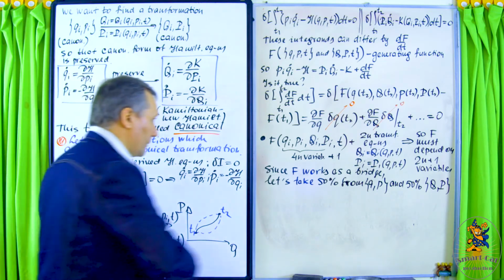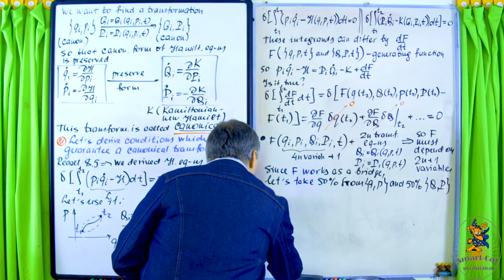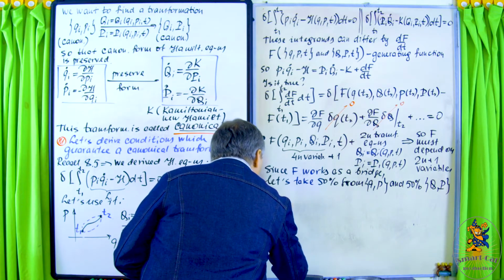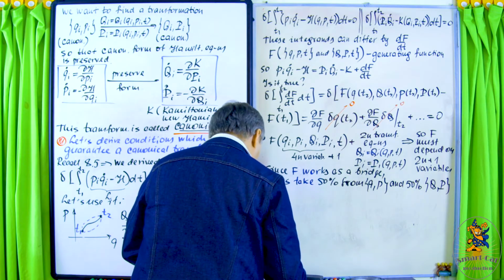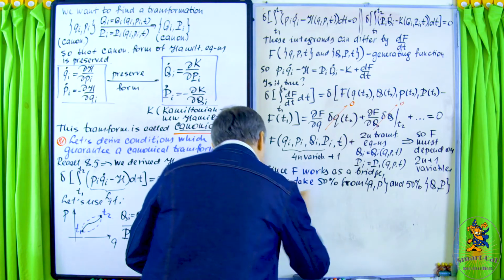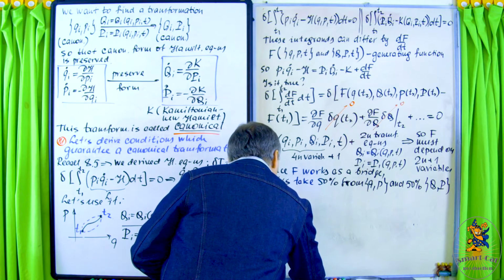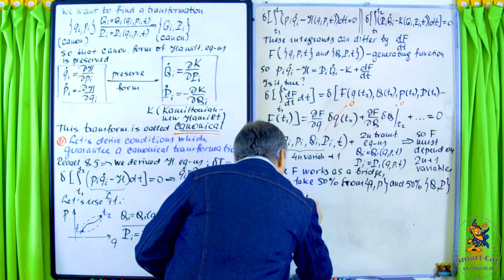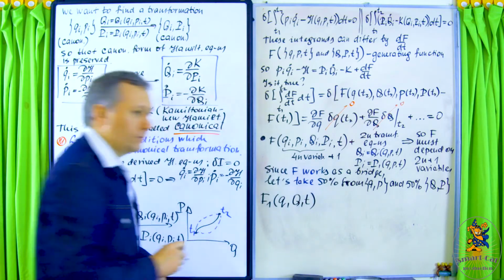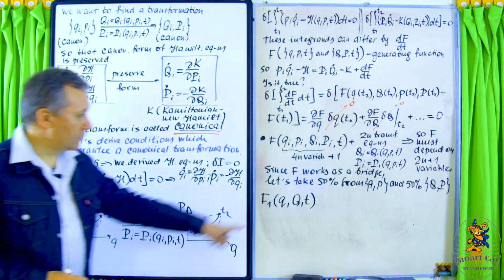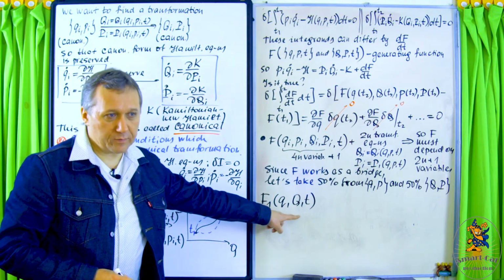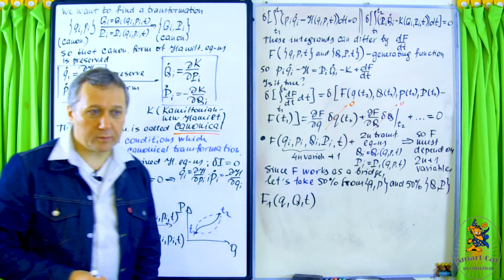So the first one, f1, will be a function of, let me write first without subscript, q small, Q capital, and time. First, we take 50% of old, 50% of new, plus 1, 2n plus 1.